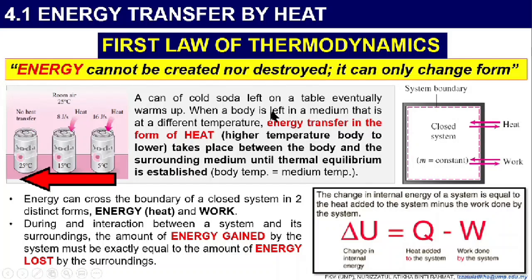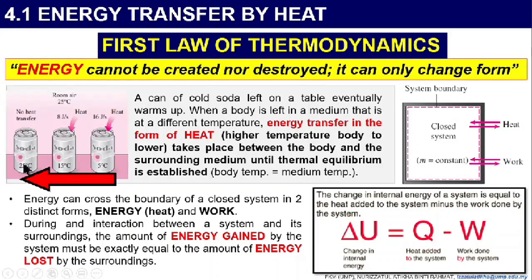So when a body is left in a medium that is at a different temperature, energy transfer in the form of heat, from higher temperature body to lower, takes place between the body and the surrounding medium until thermal equilibrium is established. So for this situation, we have a room air 25 degree and the can of cold soda 5 degrees Celsius.